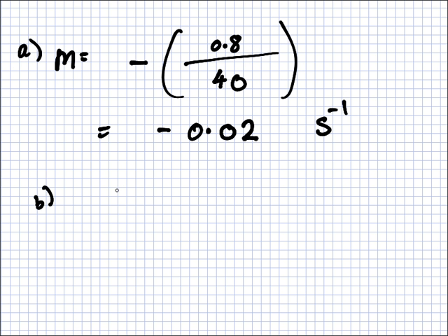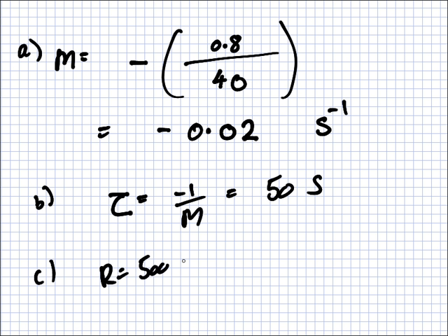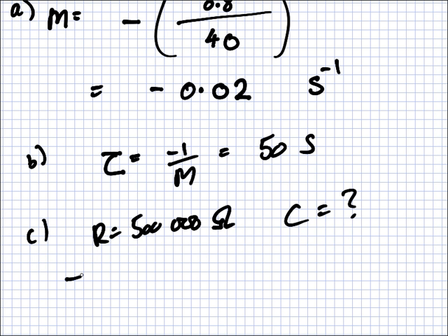B. Calculate the time constant. Remember we said tau is equal to minus 1 over m. So that's 50 seconds. And C, if the R is 500,000 ohms, what's the C? You can use the formula tau equals RC.